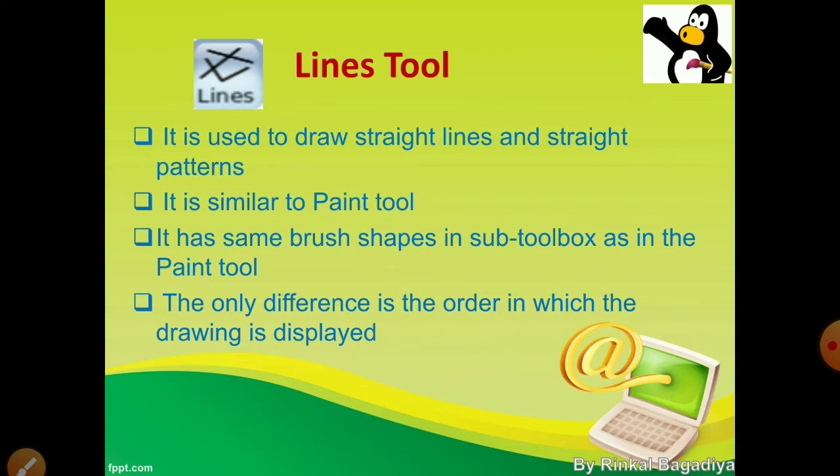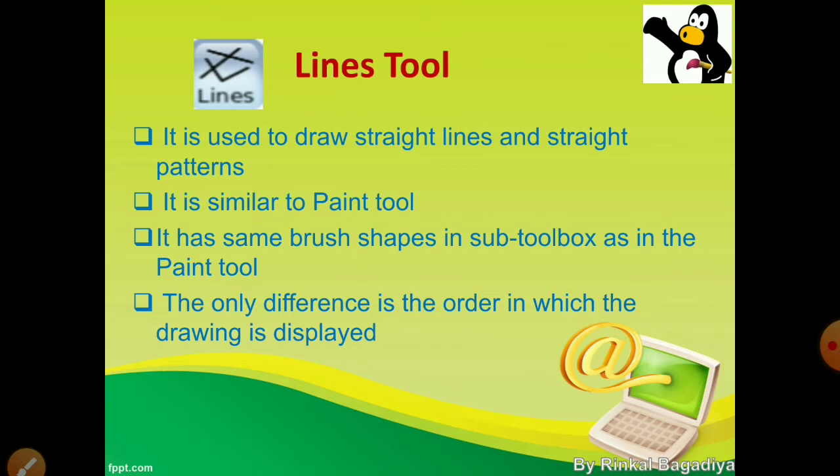The only difference between the paint tool and the lines tool is the order in which the drawing is displayed. While using the paint tool, you can see the image that you are drawing at that moment. On the other hand, while using the lines tool, you will see only a straight line from the starting point to the ending point.